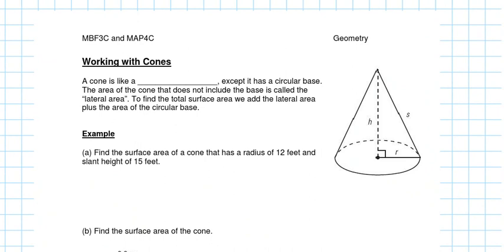Actually, no. What they're looking for is a pyramid, except with a circular base. We'll talk about the volume, and when we look at the volume, we always compare it to the cylinder. Okay?